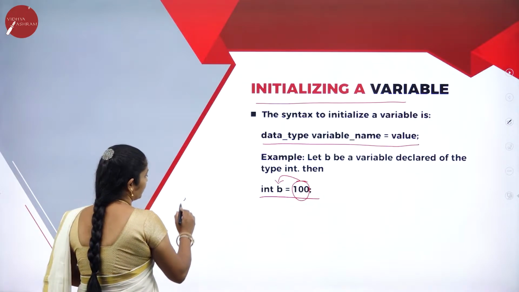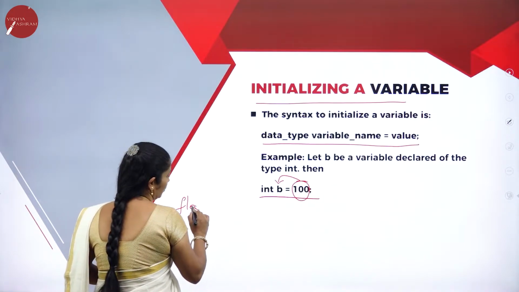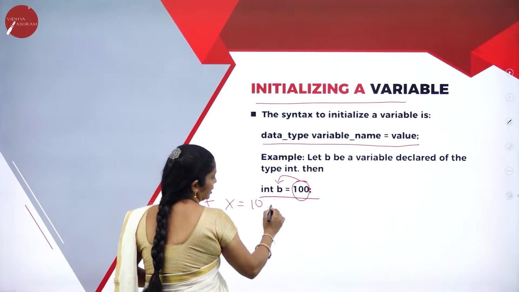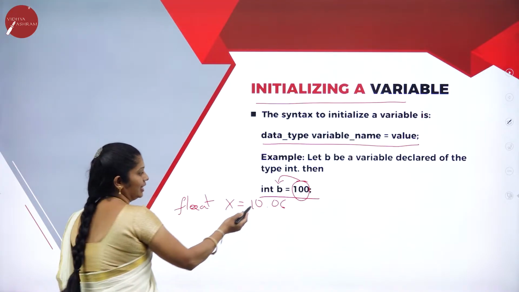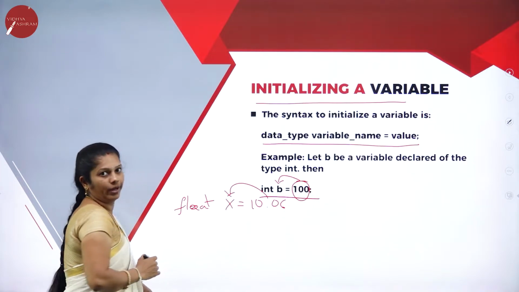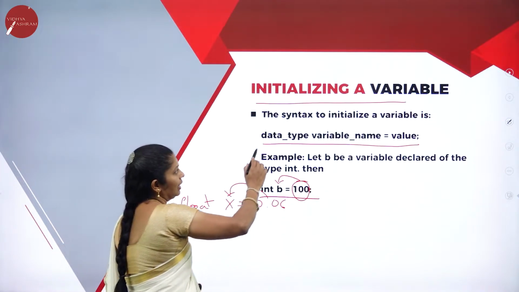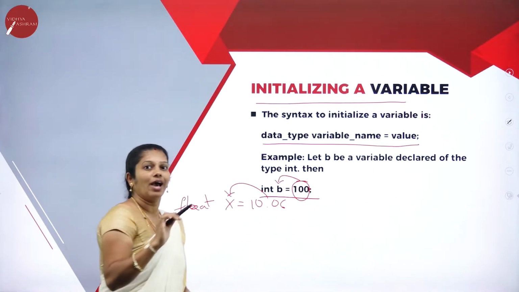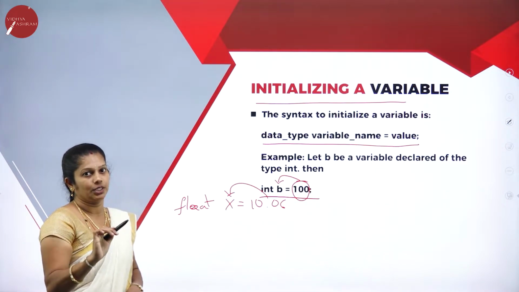If I write float x equals 10.06, then this value is assigned to the variable x. So it is data type, then variable name equals whichever value you want to give for that variable.